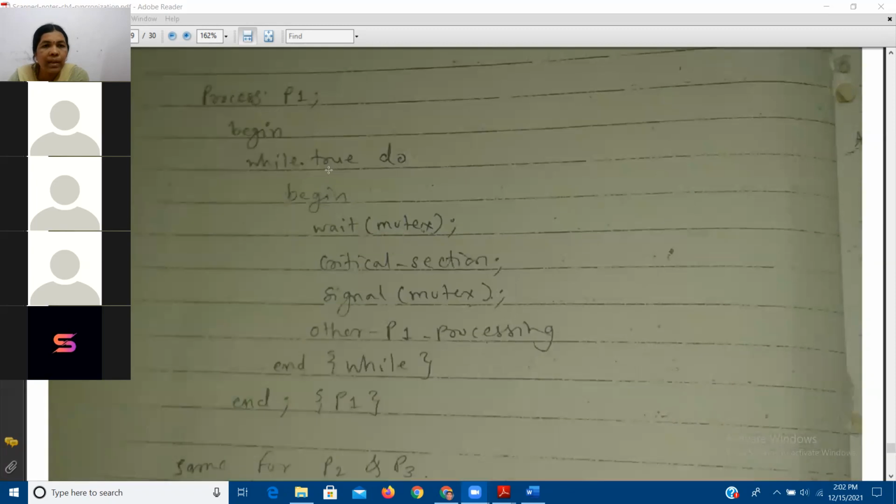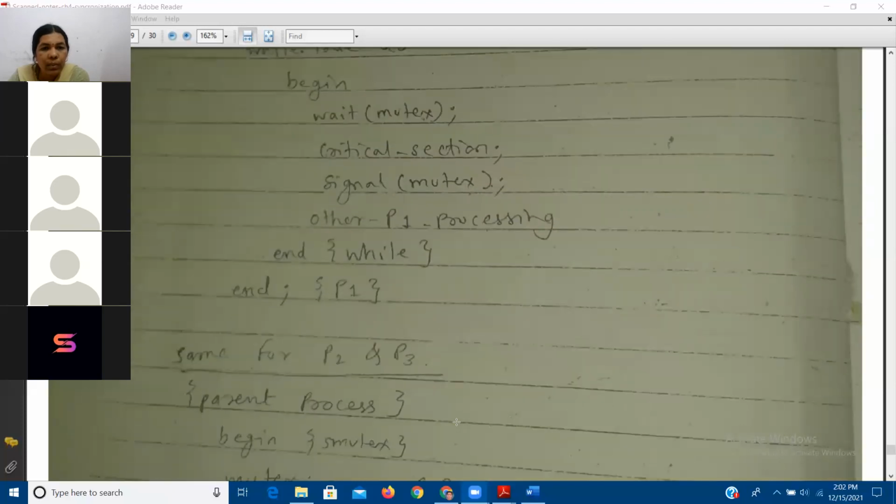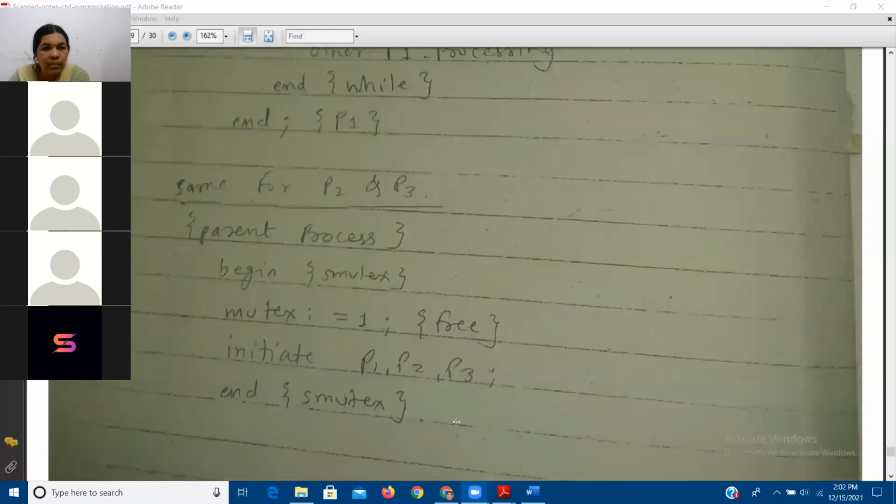So P1 begin, while true do begin, wait mutex, critical section, signal mutex, other P1 processing, end while, end P1. Same for P2 and P3.